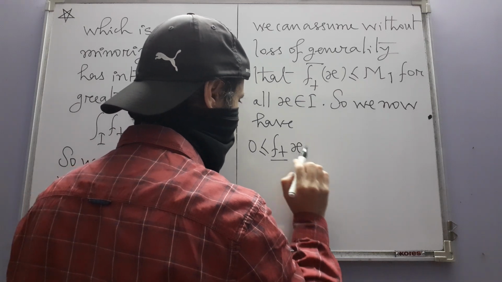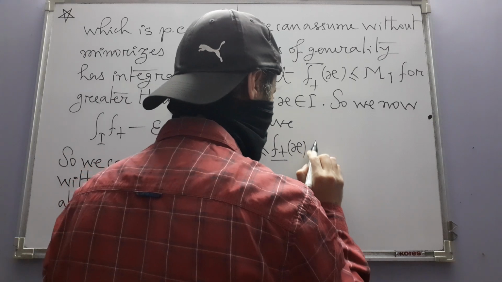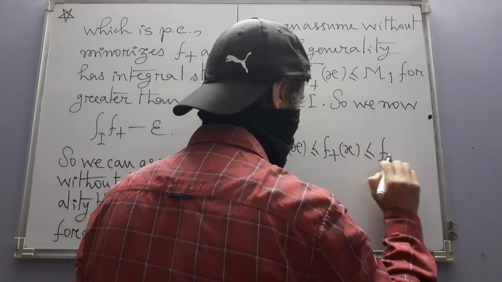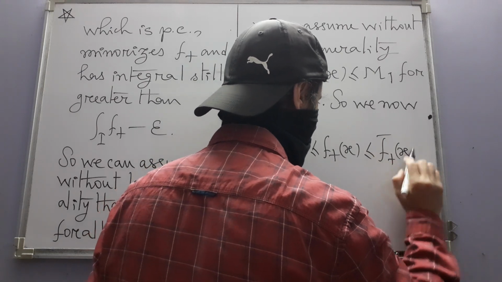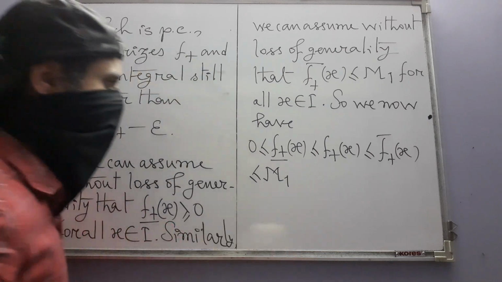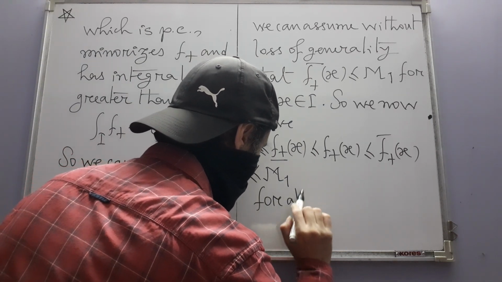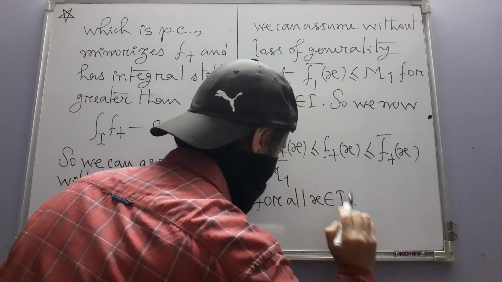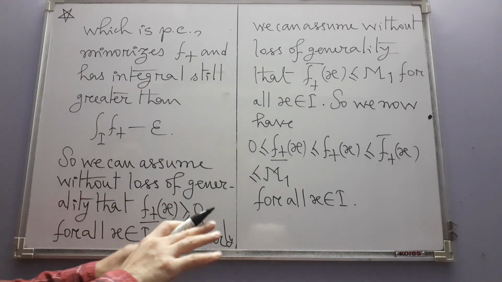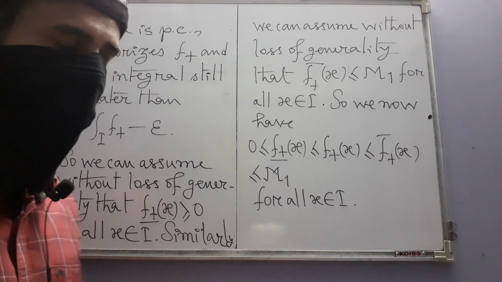Due to our conditions, now we have this, and already we had this and this, and additionally we now also have this for all x belonging to I. And whatever we have done for f plus will have an exact similar thing for g plus also.